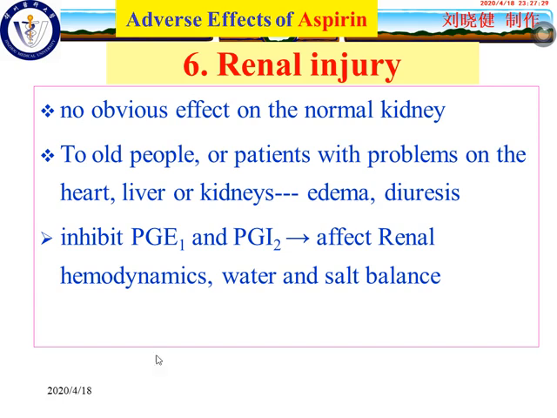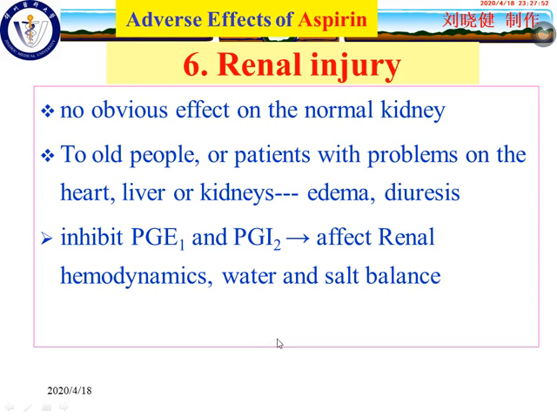The next adverse effect of aspirin is renal injury. On a normal kidney, it has no obvious effects. But for old people or patients with problems of the heart, liver, or kidney, it can cause edema and diuresis.